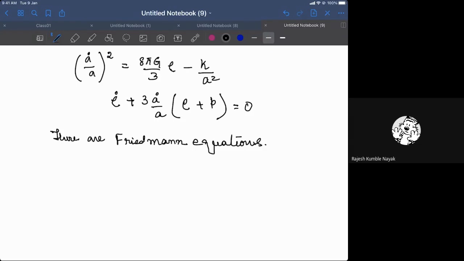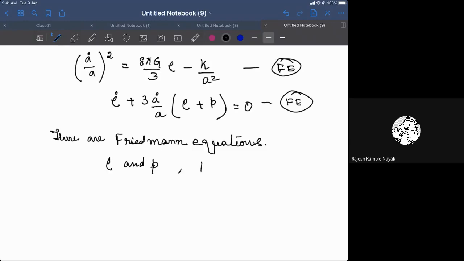Both have the same short name, so we can call them together the Friedmann equations, describing how the universe evolves.